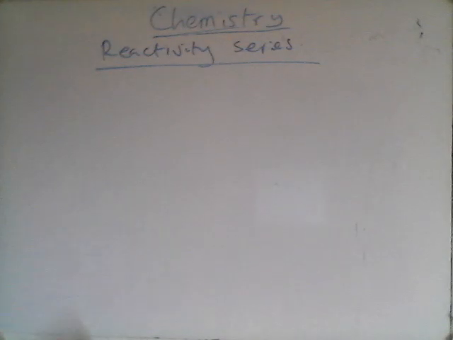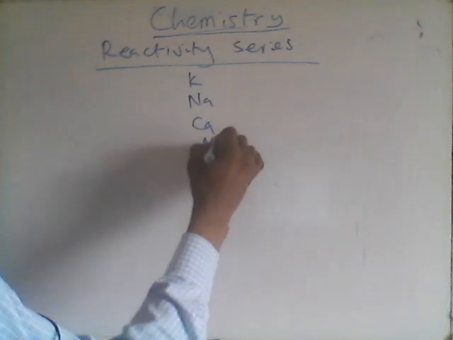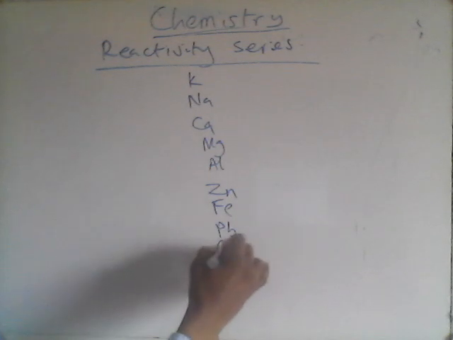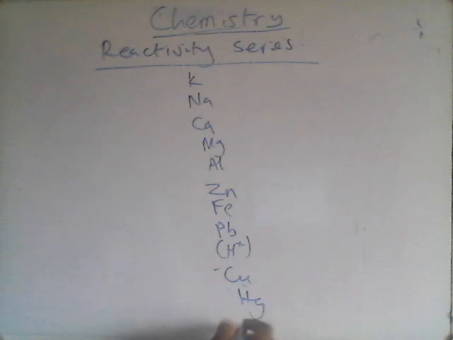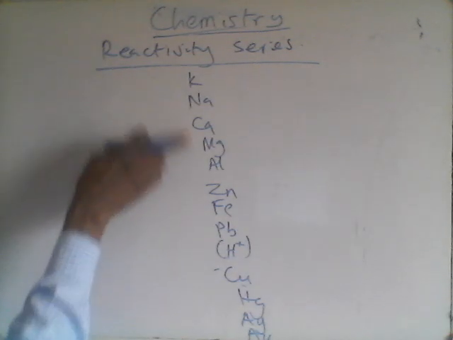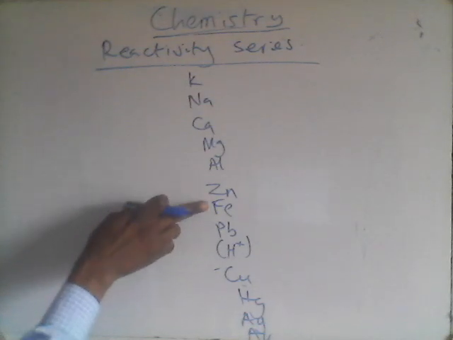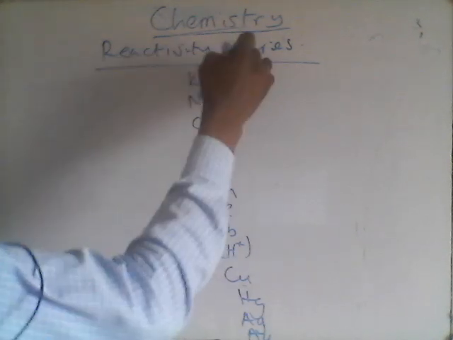The reactivity series goes in this order: potassium, sodium, calcium, magnesium, aluminium, zinc, iron, tin, lead, hydrogen, copper, mercury, silver, and gold. So this series goes down this way.